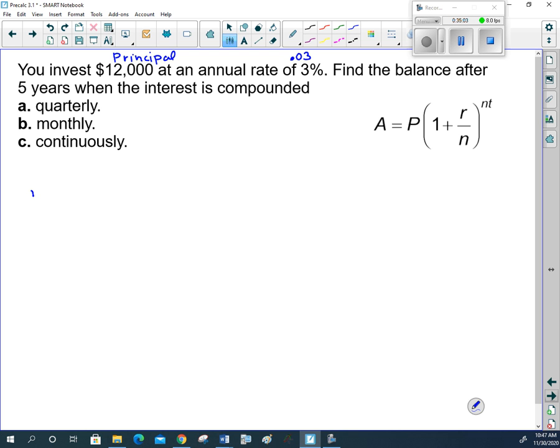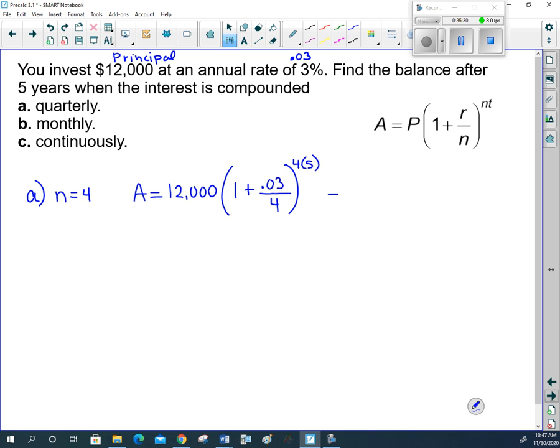So first of all, for part A, to do quarterly, that means N is 4. Quarterly is 4 times a year. So if I'm going to do my formula, I'm going to say A equals, my principal is 12,000, and then 1 plus my interest rate, 0.03 over 4, because I'm doing this quarterly, and then 4 times 5.